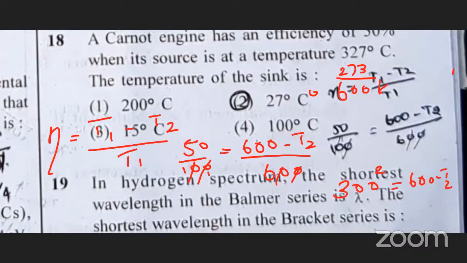From that, T2 is equal to 600 minus 300, which is equal to 300 Kelvin. We convert the 300 Kelvin into Celsius. Subtract 273 and we get the value in Celsius, which is equal to 27 degrees Celsius. The right option is 27 degrees Celsius.